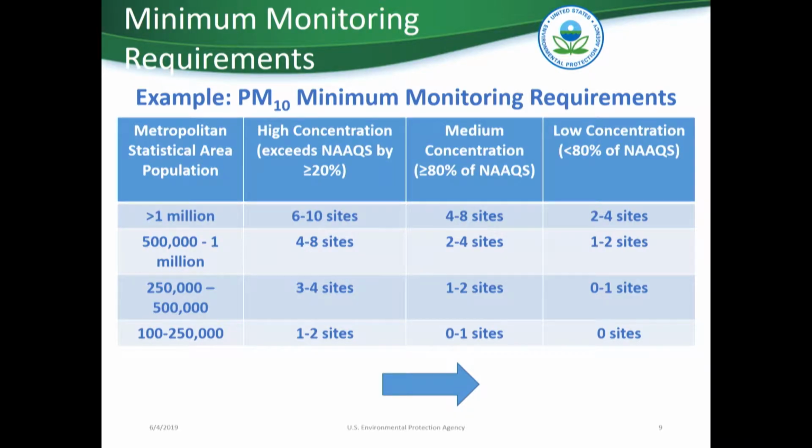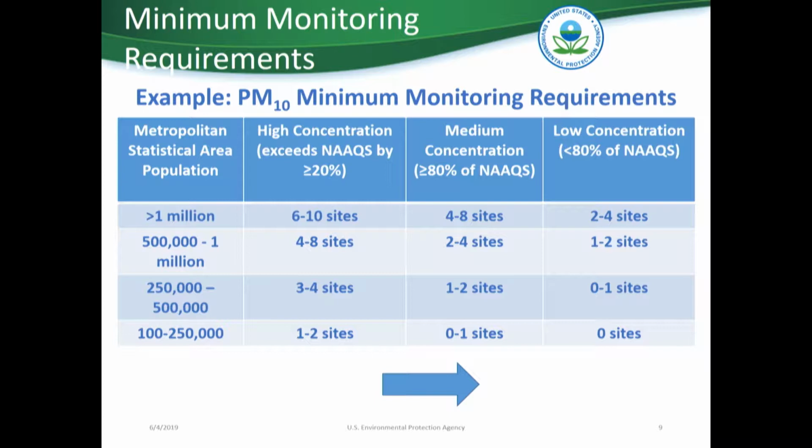Okay, so to talk more about minimum monitoring requirements, in your annual network plans, you're required to address minimum monitoring requirements for each of the individual criteria pollutants, and also your networks like NCORE and Near Road. The minimum monitoring requirements are based on a variety of information, including the population of your MSA, your metropolitan statistical area, or core-based statistical area in some cases, and also pollution concentrations.